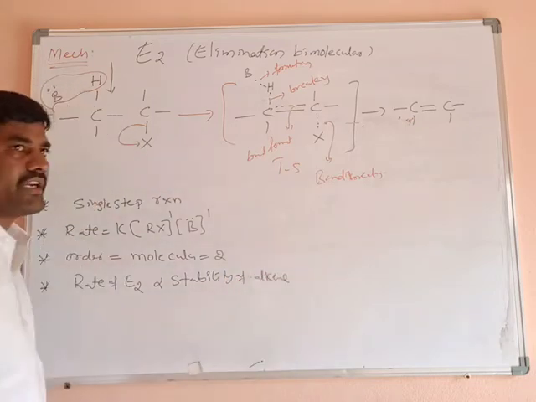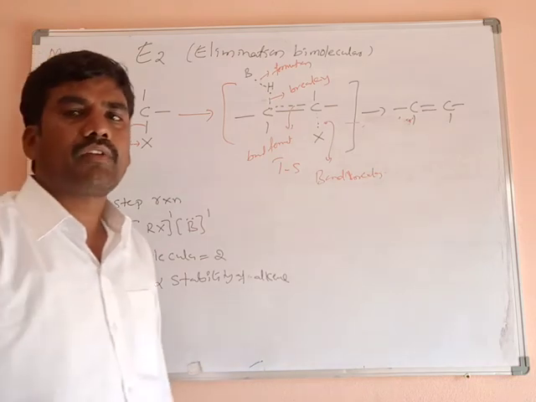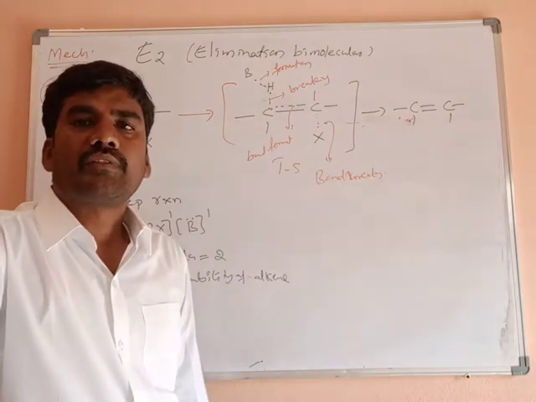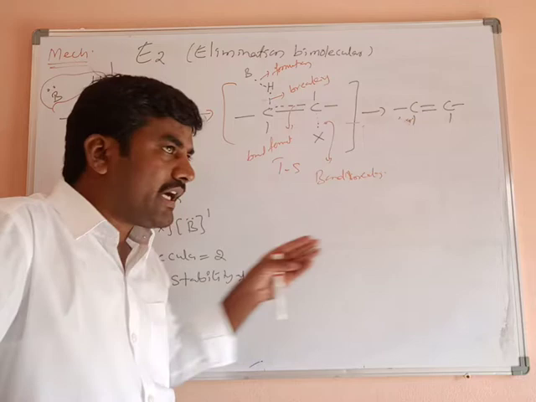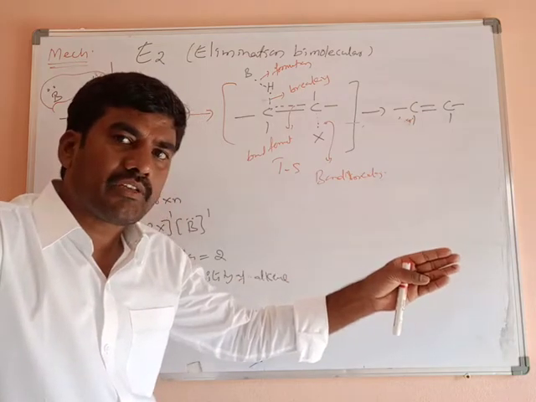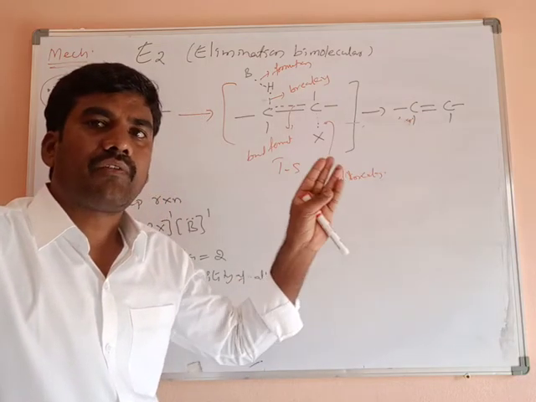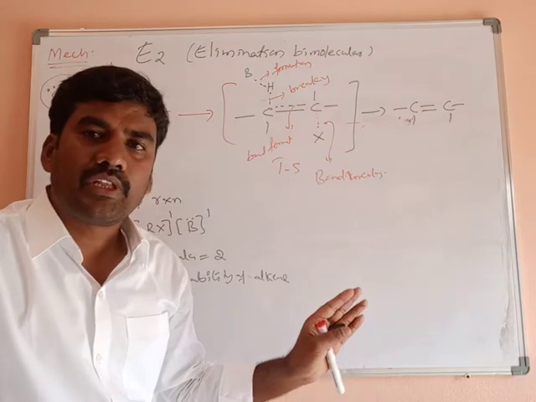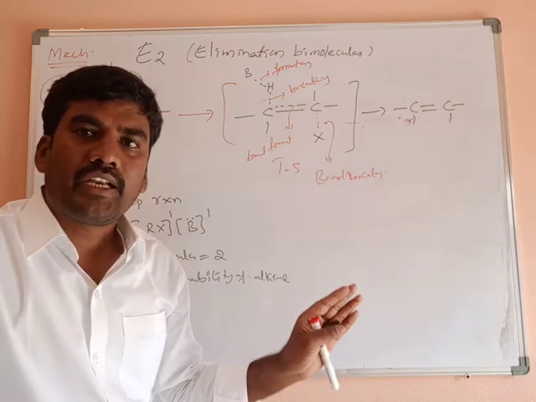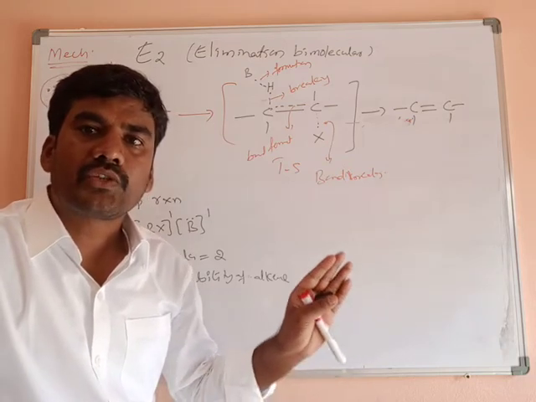Now stability of alkene depends on the alpha hydrogens. As the number of alpha hydrogens increases, the stability of that alkene increases. If stability of alkene increases, the rate of elimination is fast. If stability of alkene decreases, what is the meaning of it? The rate of elimination reaction is slow.